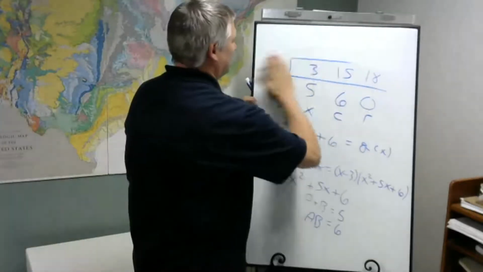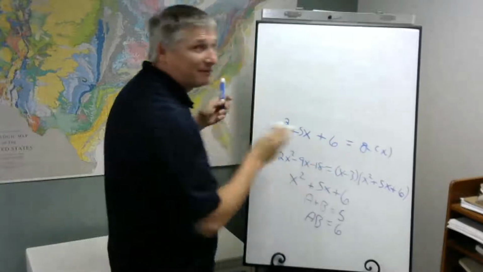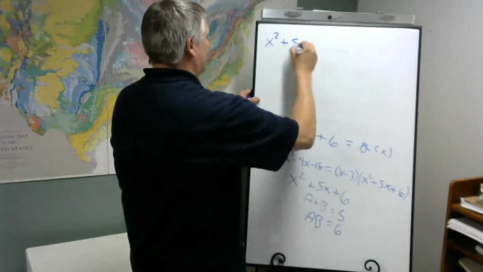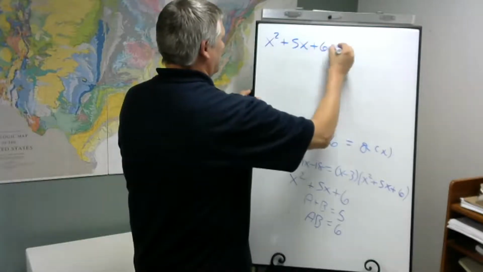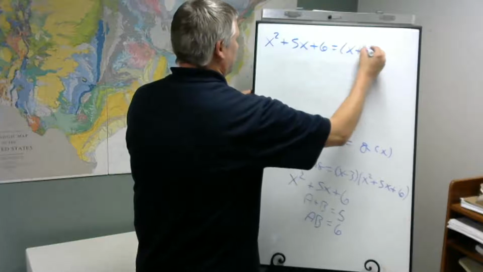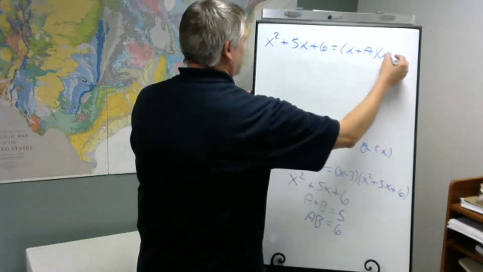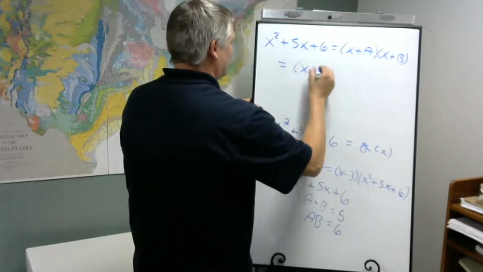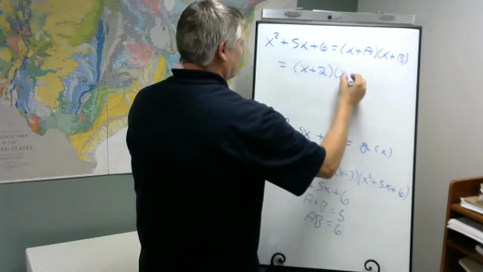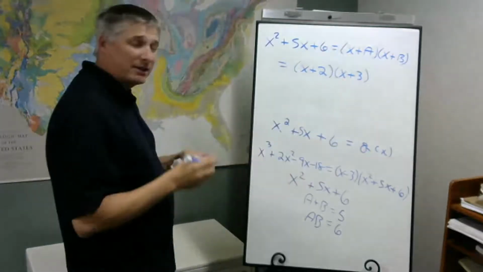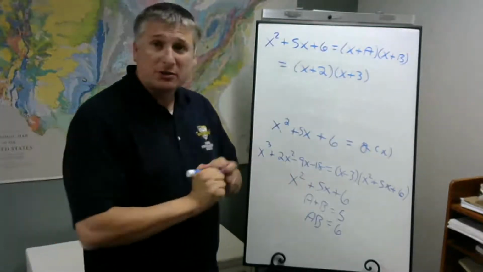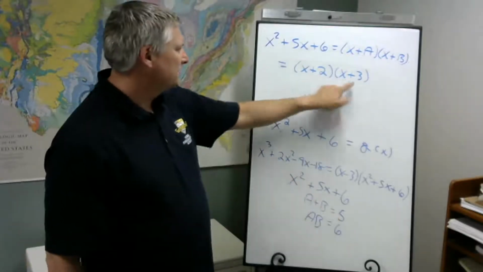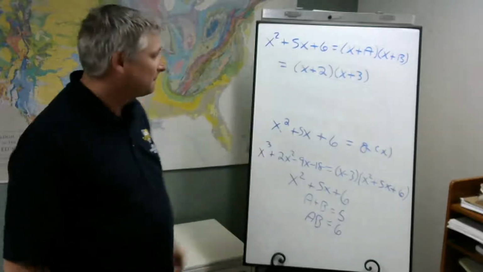So that says that x squared plus 5x plus 6 is going to be x plus 2 and x plus 3. And we can check this. Sure enough, 2 plus 3 does give you 5. 2 times 3 does give you 6.